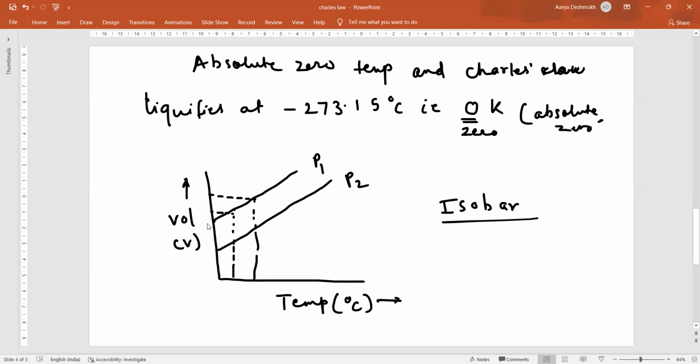Now at constant pressure, gases expand on heating and contract on cooling. When they are cooled, they contract.